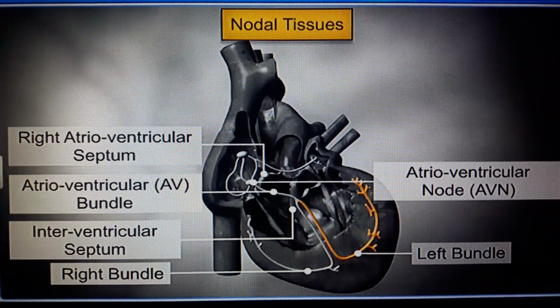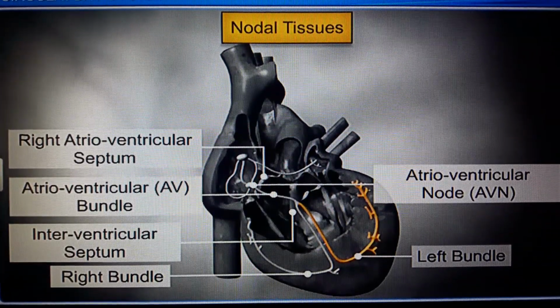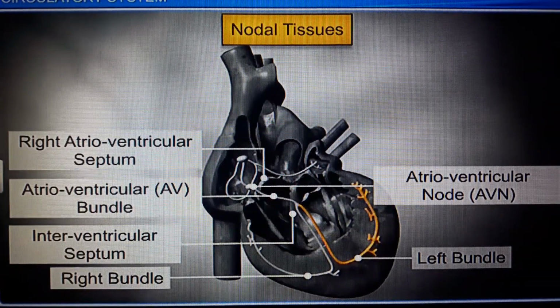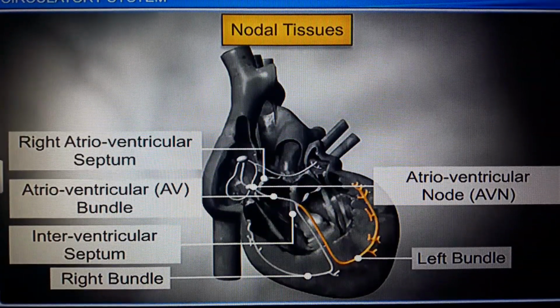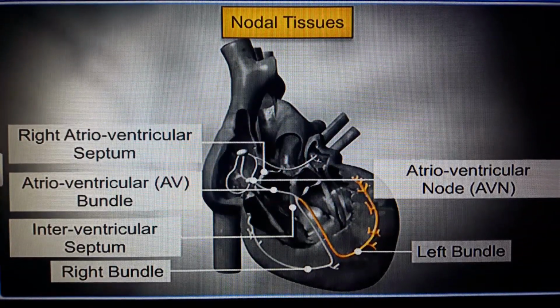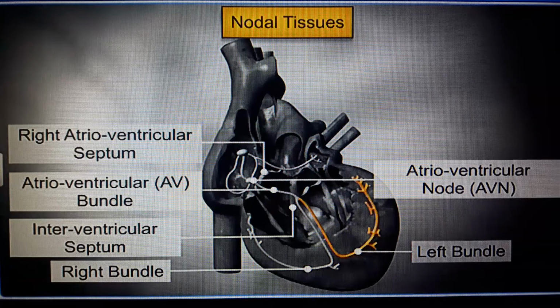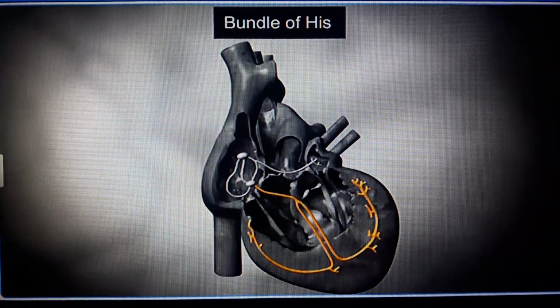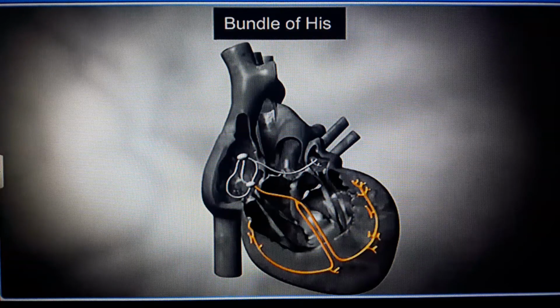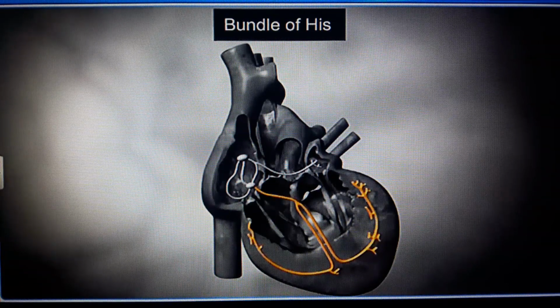The AV bundle is further divided into right bundle and left bundle. They are called bundles of His. These are present in the interventricular septum connected to the AV bundle.